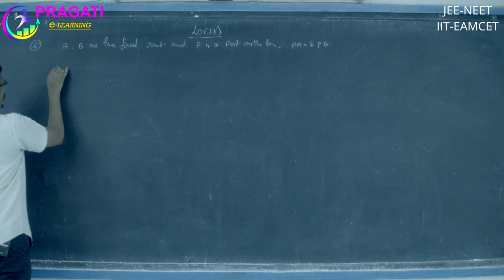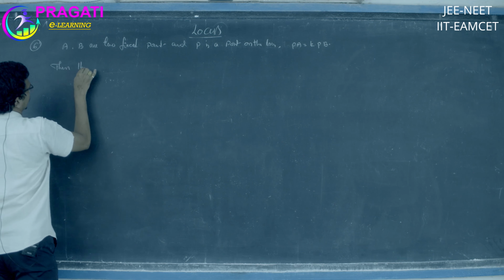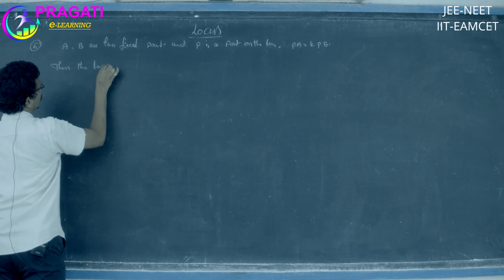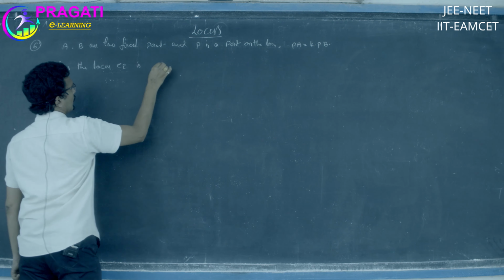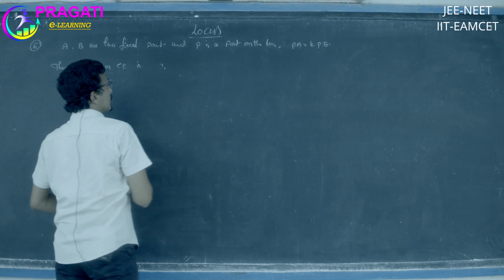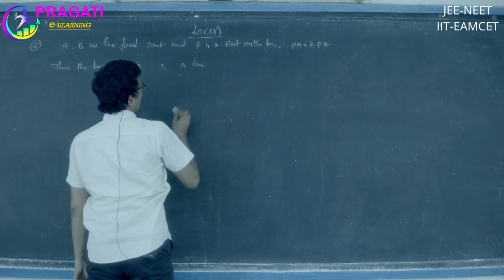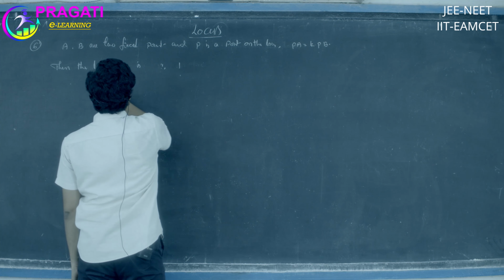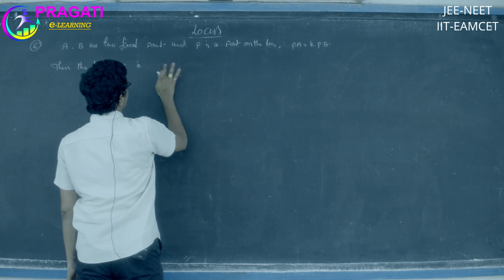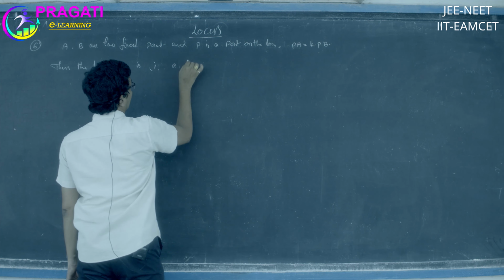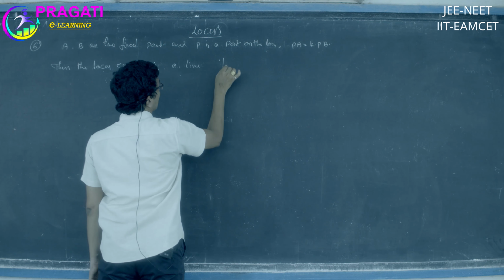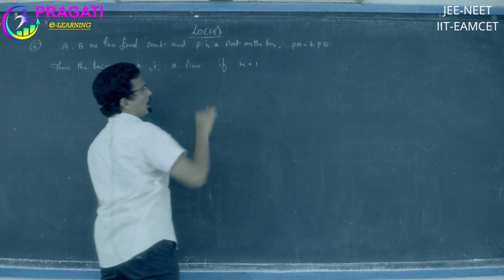Then the locus equation is, first one, a line if k is equal to 1.